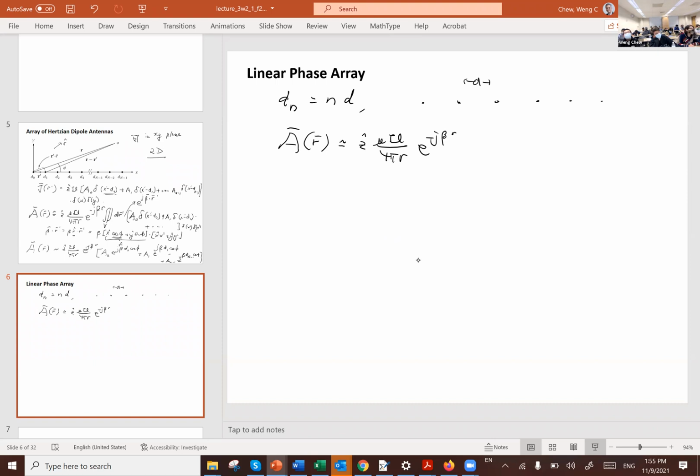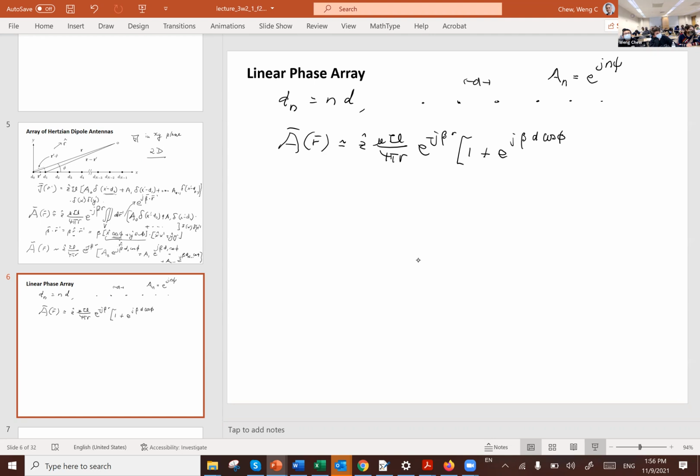And then, because we pick n equal to 0, the first term would just be 1, and the second term will be e to the j beta d cosine phi. Let's assume that A has an amplitude of 1, but a phase factor. Let's call it phase factor psi.